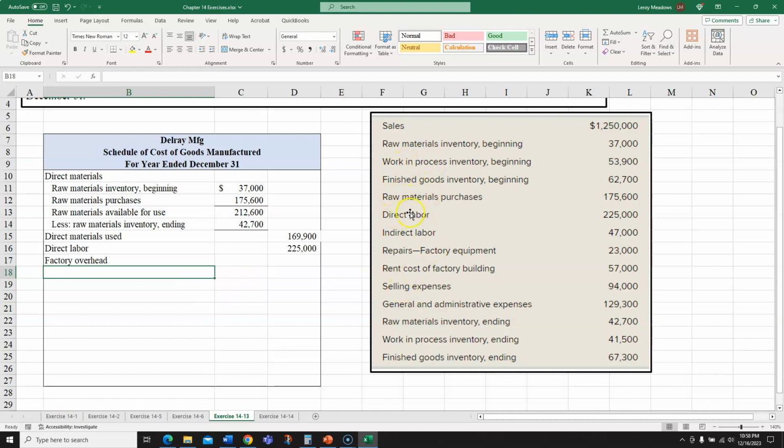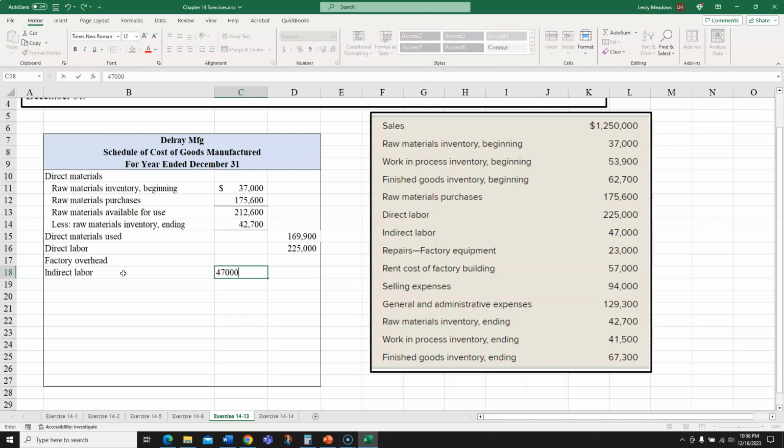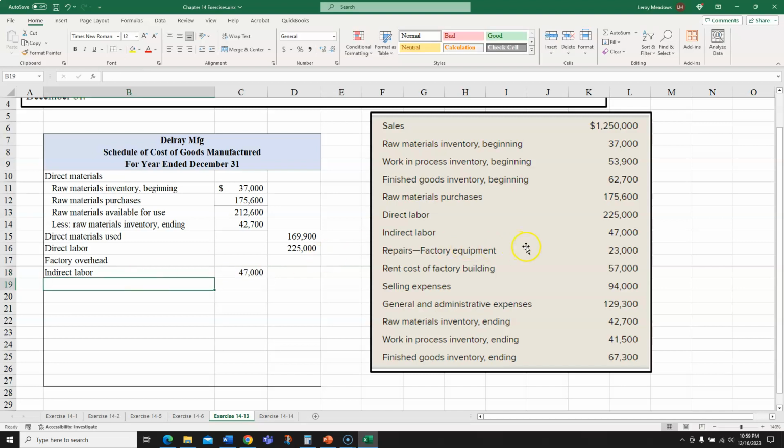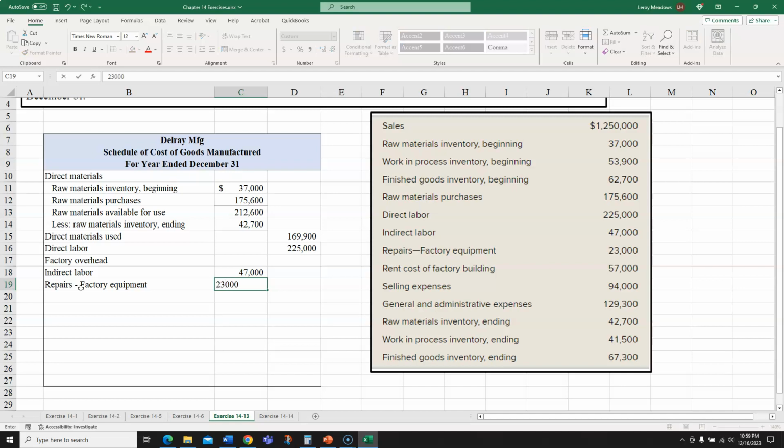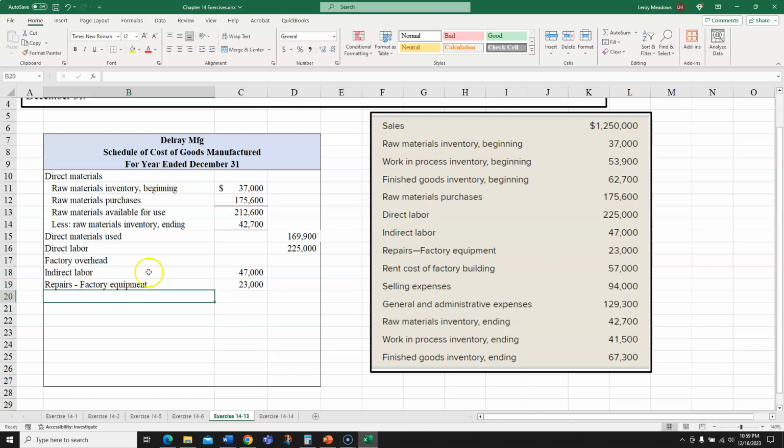I have indirect labor, 47,000. What else do I have? I have repairs for the factory equipment. So repairs, factory equipment, and that is how much? $23,000.